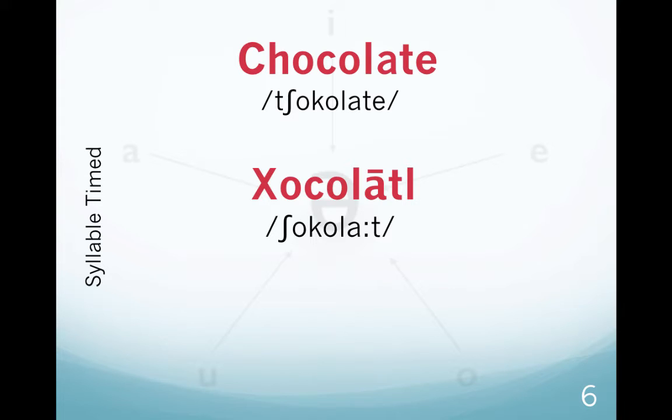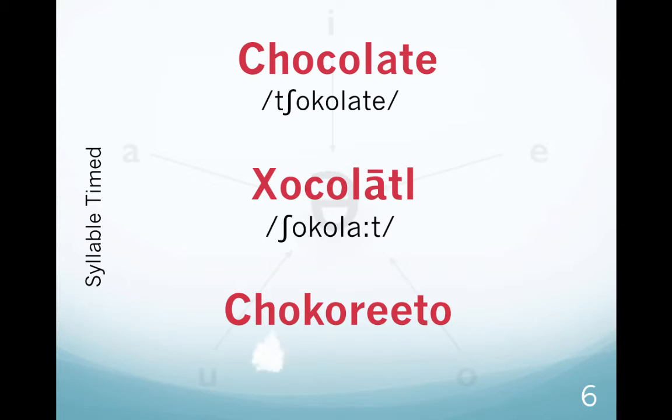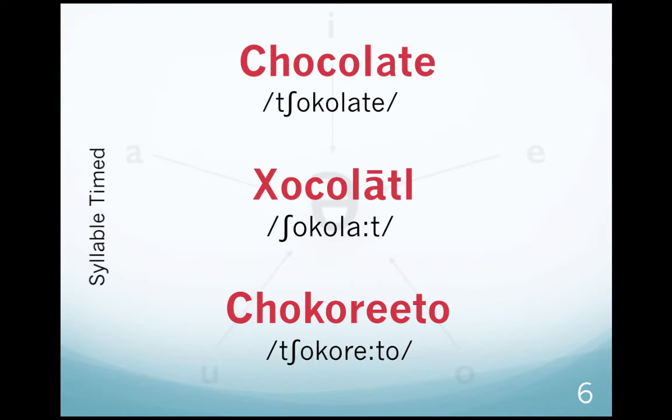As you could see, they pronounce chocolate. If we analyze Japanese pronunciation, we have chocoreto. So, in Spanish we have chocolate. In Nahuatl, we have chocolate. And in Japanese, we have chocoreto. Every syllable has prominence.